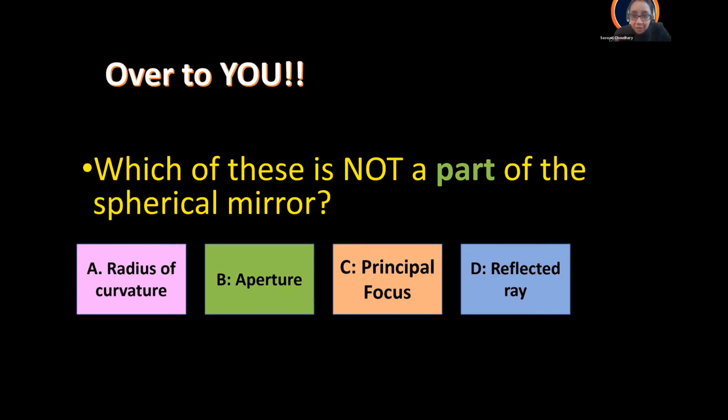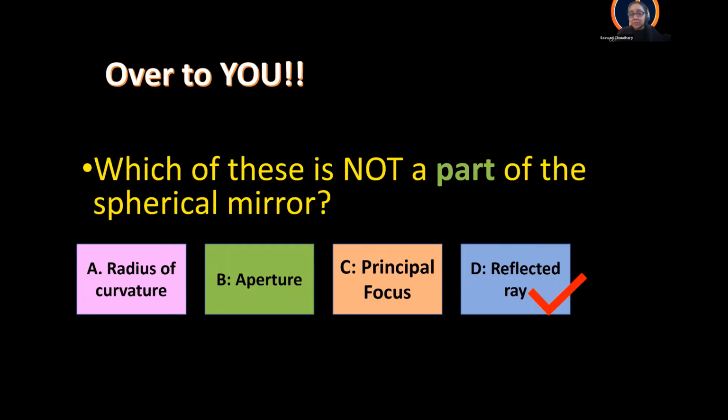Kindly give the answers in the chat. Let me see how far you've understood. Give the answer soon. Okay, I hope that you have given the correct answer, and the correct answer is reflected ray. Why? Because the reflected ray is not a part of the spherical mirror.